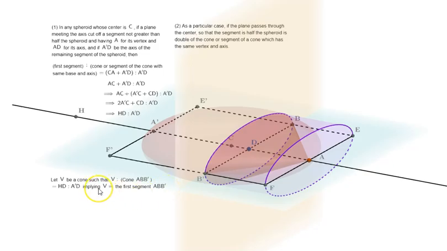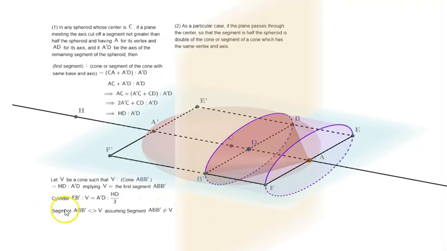So V is a cone whose volume with respect to cone ABB prime is in this ratio. Now, cylinder EB prime is to V as A prime D is to HD by 3, because a cylinder is to a cone in the ratio 3 is to 1.